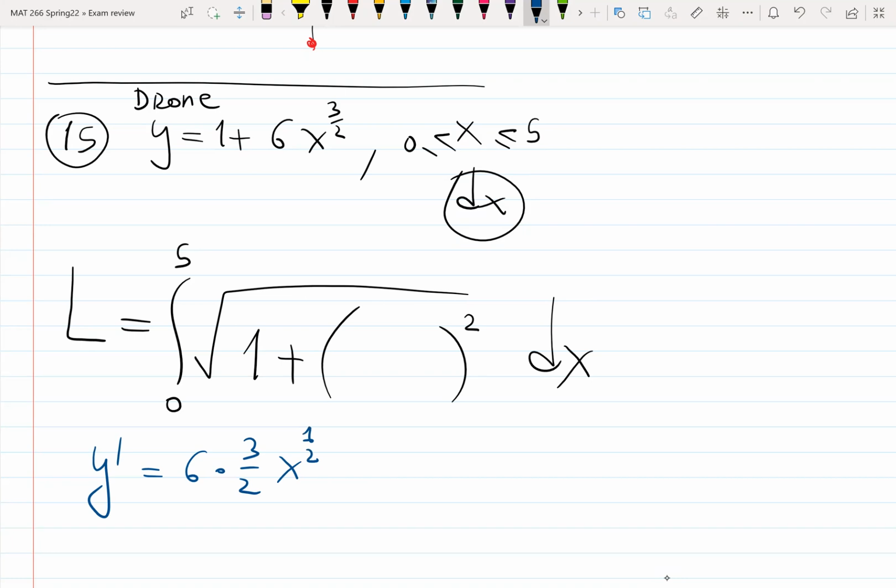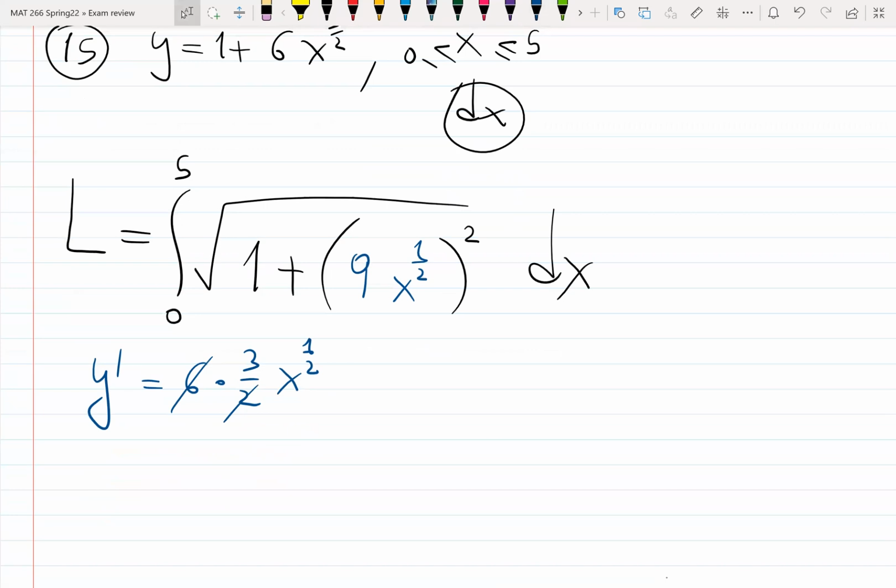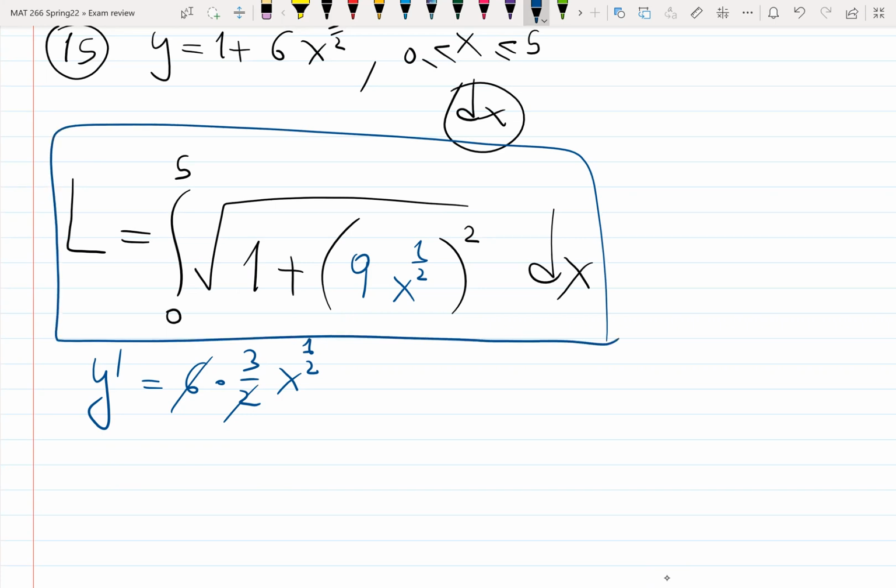So simplify: 3 times 3, 9. 9 x to the 1 half. And now you can integrate that easier than before. That's it. Either you have to choose this formula from the offered list of functions, or you actually have to finish the integration. Both are important. So that was easy to review.